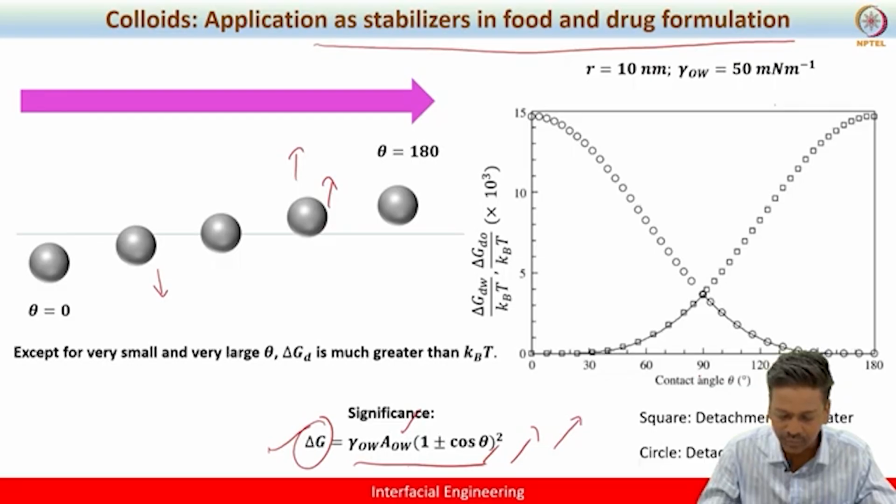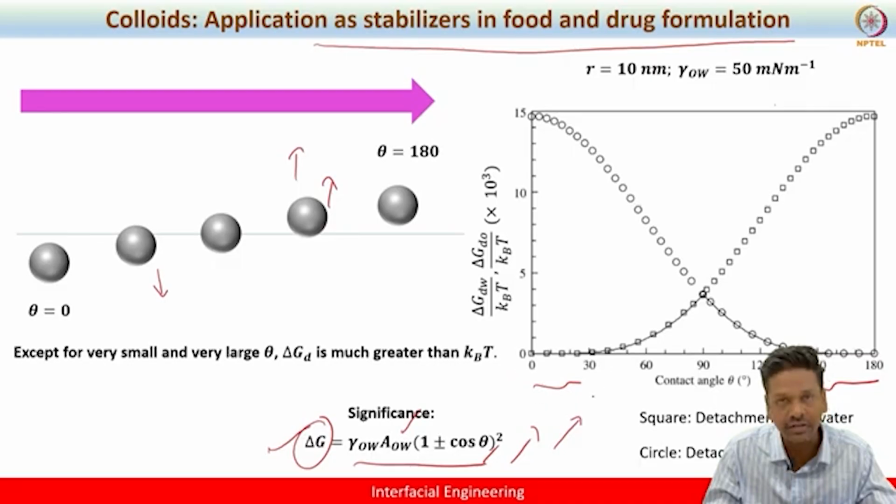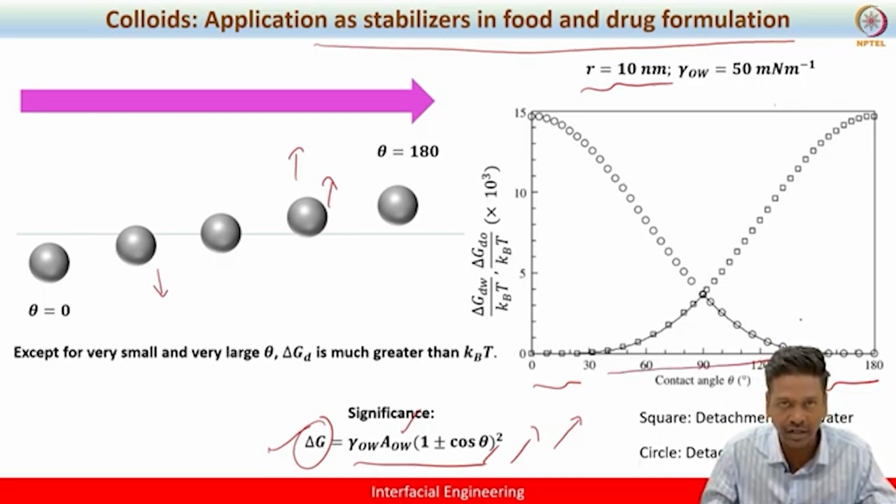Now you can see that between the ranges 0 to 30 and 150 to 180, the delta G detachment is 0. So one has to avoid these ranges of theta, that is 0 to 30 and 150 to 180, when you are employing a particle radius of 10 nanometer. The rest of this range says that delta G detachment is fairly large, which means that you have to pay a large energy penalty to detach the particle, which means that they are very stable, right?